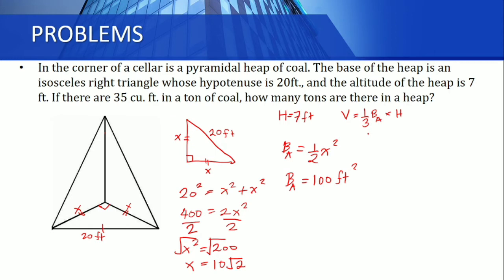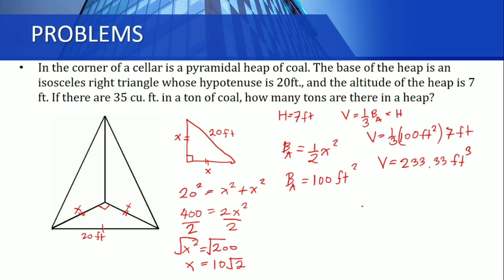So therefore yung volume ng ating pyramid, V is equal to 1/3 times 100 feet squared area times yung height natin na 7 feet. So volume will be equal to 233.33 cubic feet. So sabi niya doon, how many tons are there in a heap? Kung meron tayong 35 cubic feet in a ton of coal.